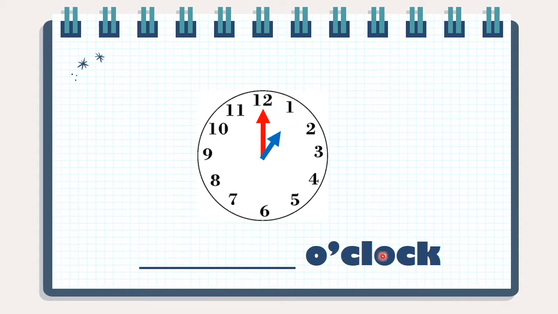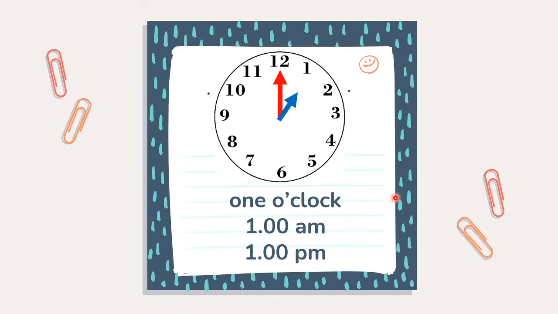It's pointing to number 1. So, we should write 1 o'clock. What if the blue hand is pointing to number 5? So, we put 5 o'clock.